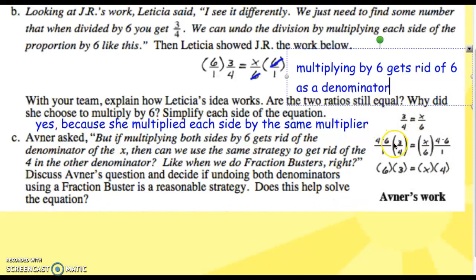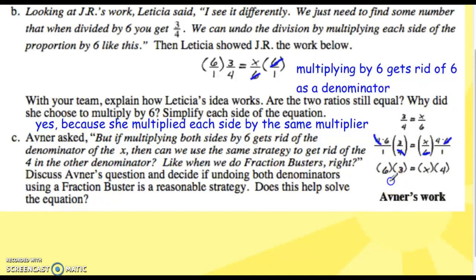So first they multiplied by 4 to get rid of 4 as the denominator, and if you do it to one side you also have to do it to the other because 4 over 4 is 1. Then they multiplied by 6 on both sides to get rid of 6 as the denominator on the opposite side, and then they saw that we were left with 6 times 3 on the left and x times 4 on the right.